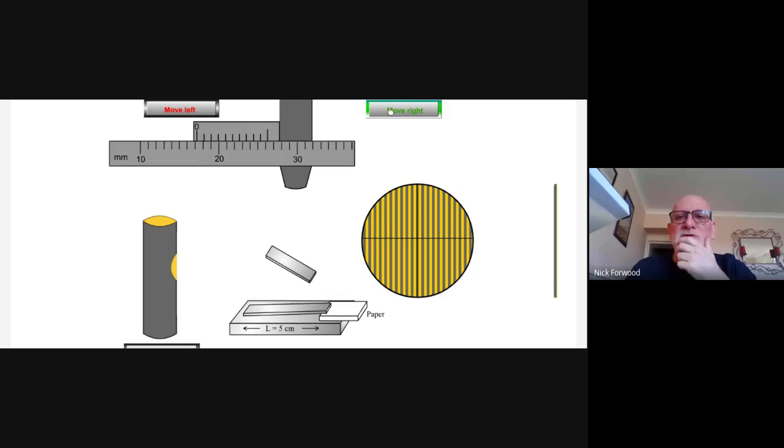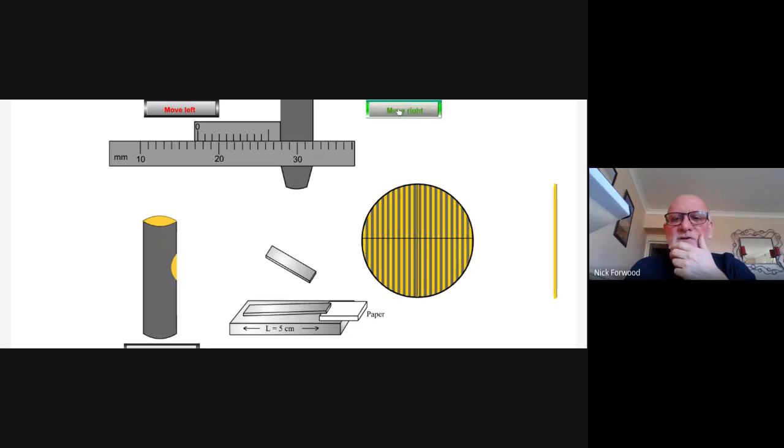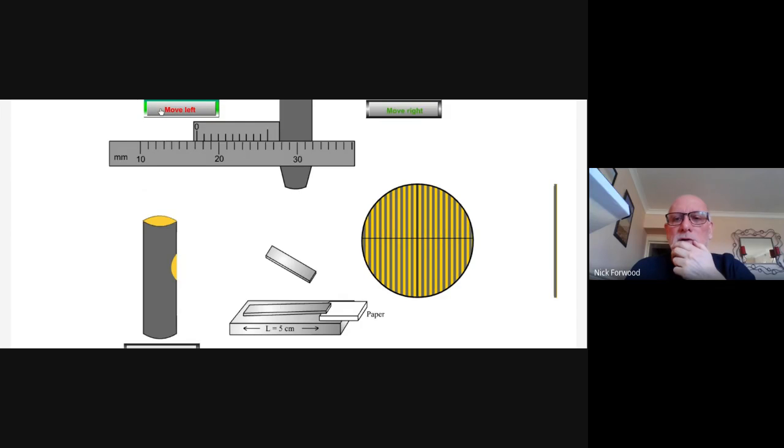I'm going to move it to the right. I'm moving the crosshairs to the right, which means the pattern goes to the left. But you'll see the crosshair. Can you see the crosshair now has appeared? Okay, I'll move it back to where it was.